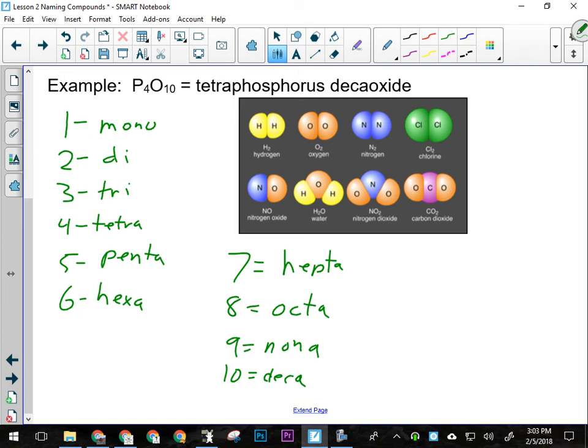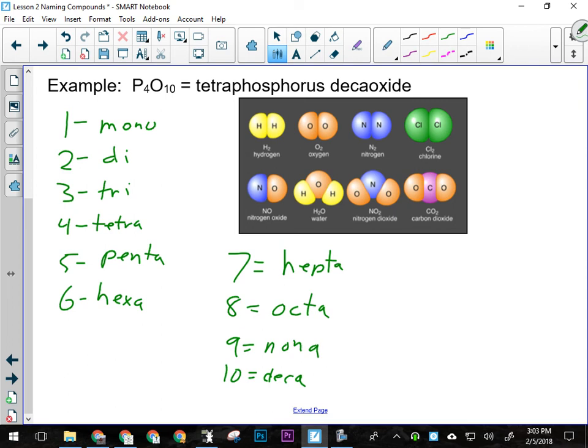Okay, anyone need the list of prefixes still? Okay, can I go on to the next one?